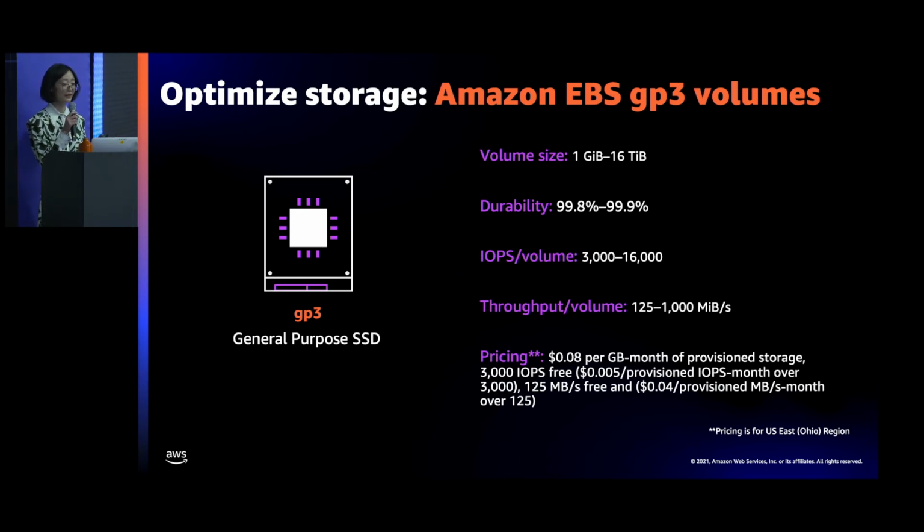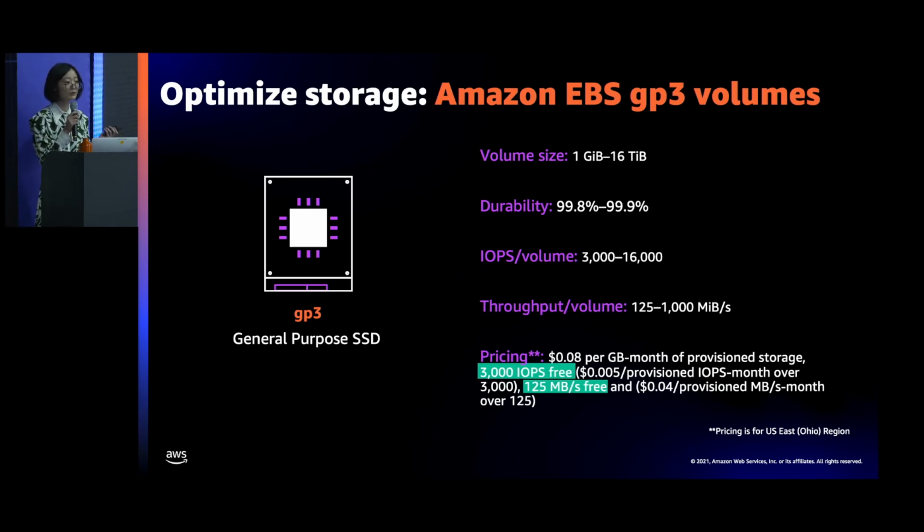So sometimes you can end up provisioning more storage capacity than you need because you need the high IOPS. So the GP3 volume type was announced to address this challenge. It allows you to provision performance independent of storage capacity, and also still offers 20% lower cost.